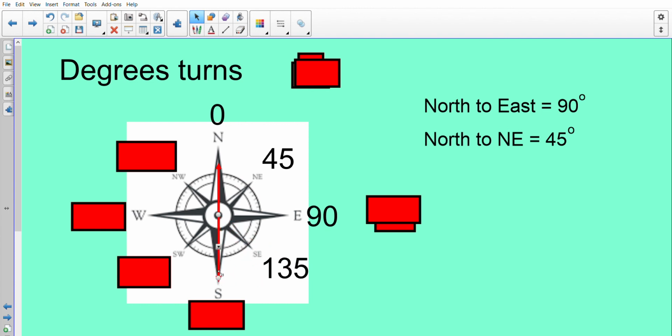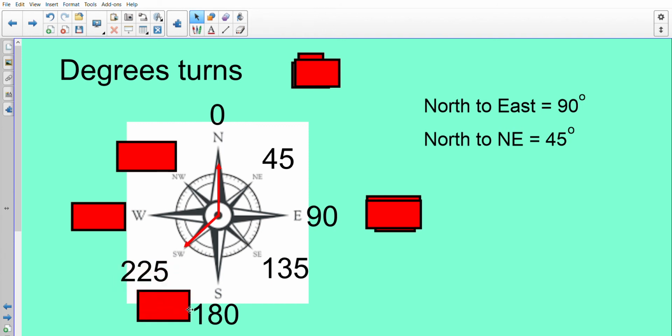We've done that already. That is 180 degrees, isn't it?